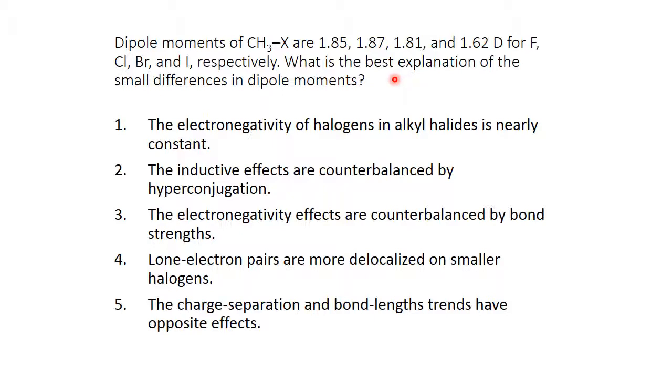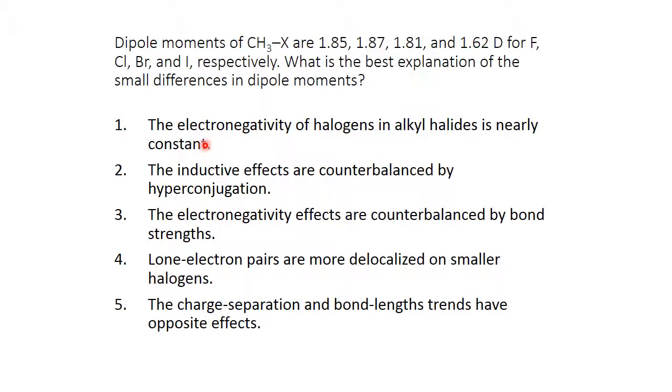Okay, if I look at this and I consider the electronegativity of the halogens, the electronegativity of the halogens is not constant. For fluorine, it's 4. For chlorine, it's 3. For bromine, it's all the way down to 2.5. And for iodine, it's down to 2.1. So there's a significant difference in the electronegativity of the halogens.